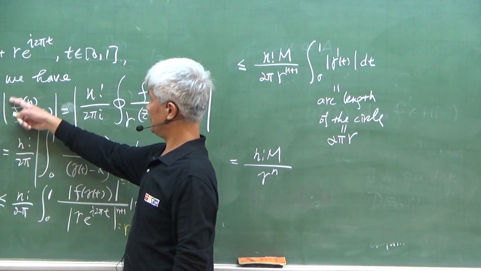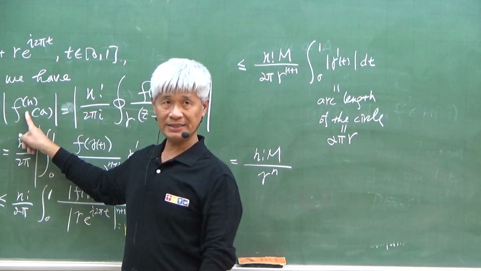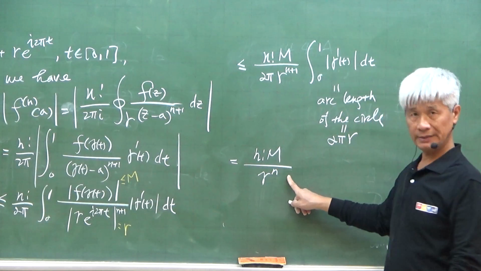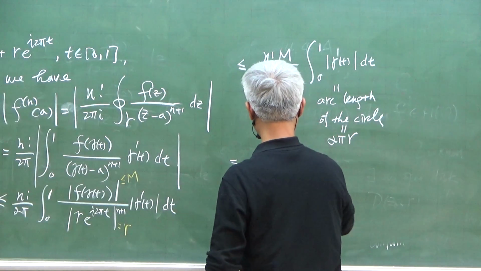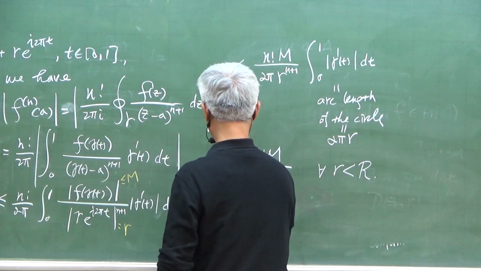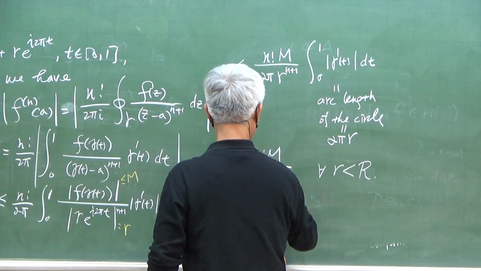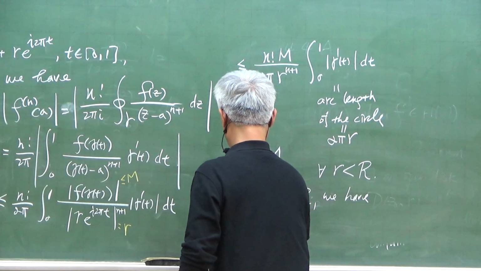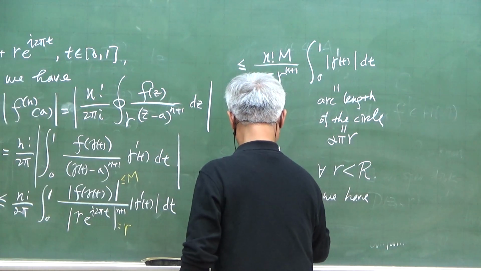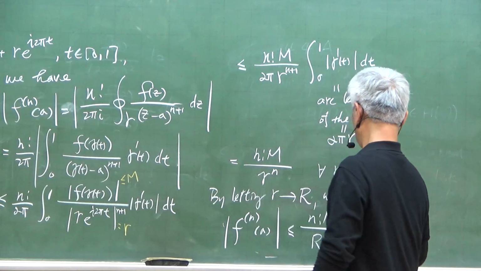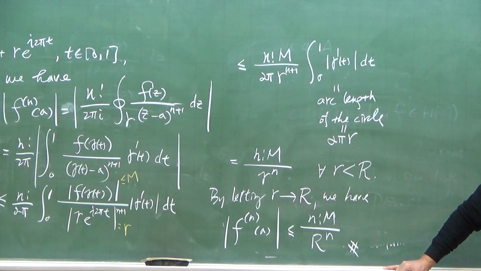So the absolute value of the nth derivative of the function f at point A is upper bounded by this number, and this is true for all little r less than big R. So finally we have this result.